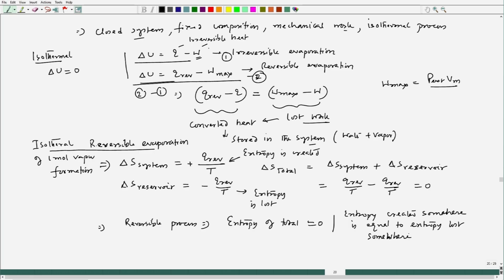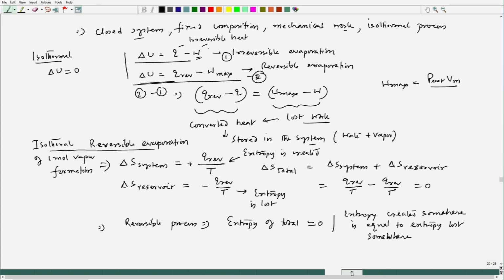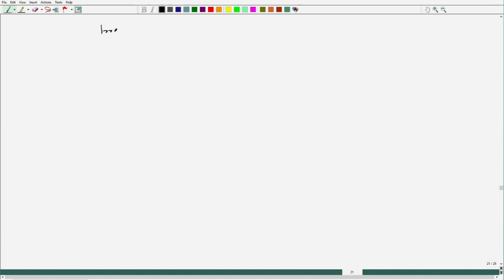That means there is no net creation of entropy; rather, entropy shifts its position. The entropy of the reservoir is lost and the same entropy is gained by the system. This is for a reversible expansion, or reversible evaporation, of 1 mole of vapor formation, happening in isothermal mode. So, let us see what happens in the case of the irreversible process, which is also isothermal.